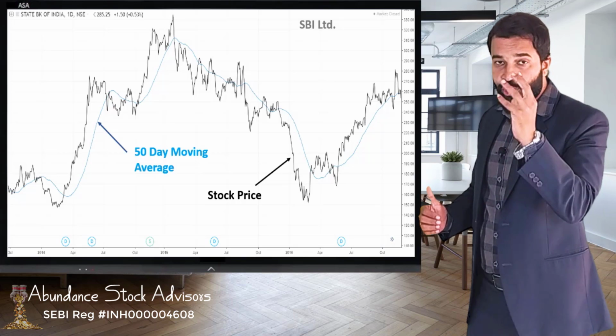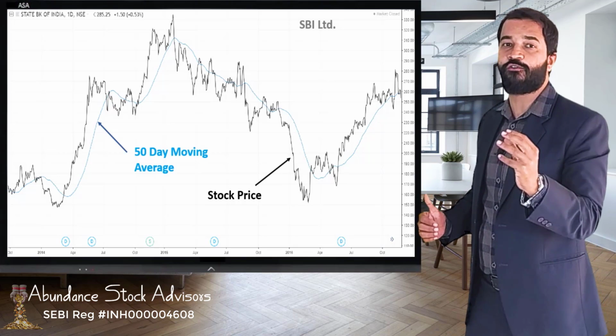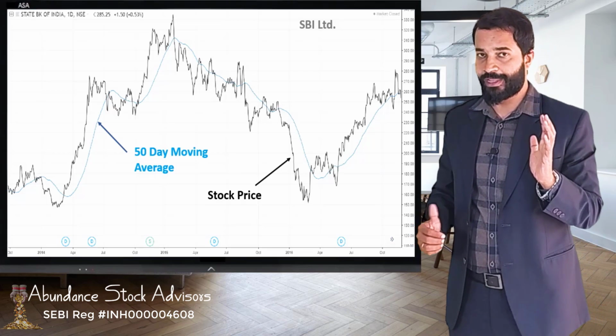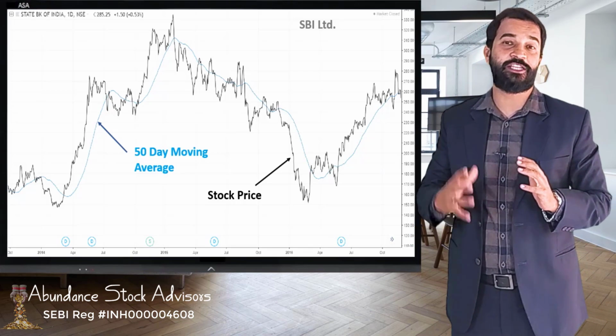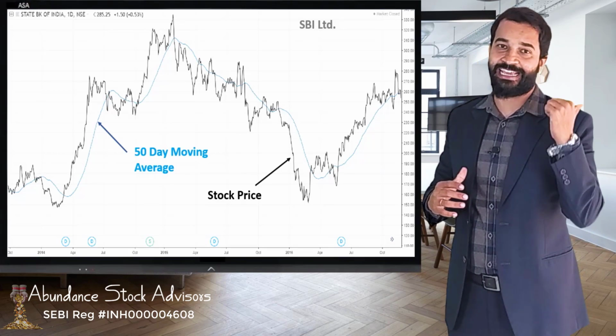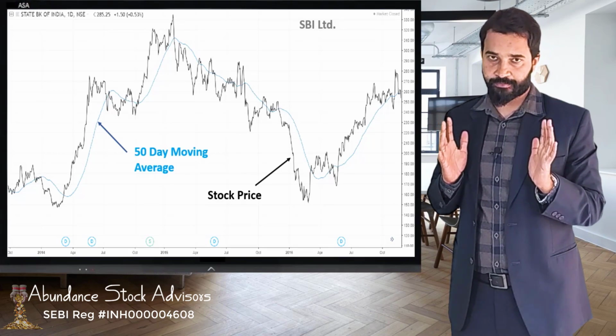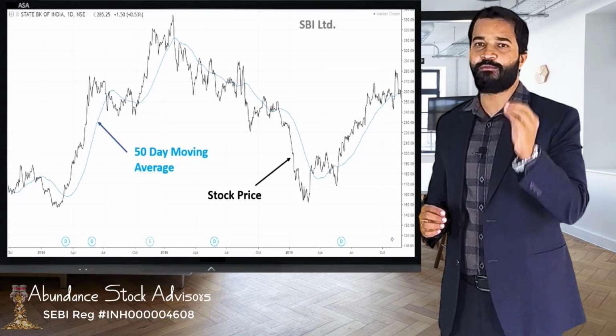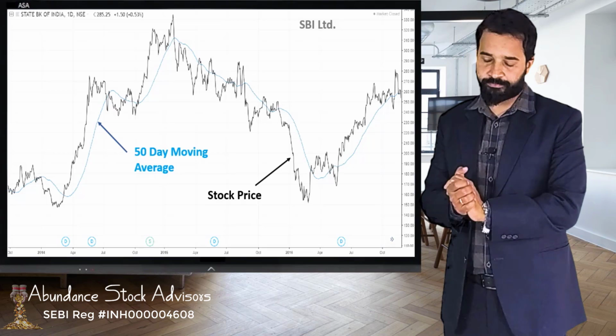So let's say the stock has a current market price of rupees 120 and the 50-day moving average is rupees 100. Then it means that the average price of the stock in the past 50 trading days was rupees 100. Same is true for 100-day moving average, 200-day moving average and so on.